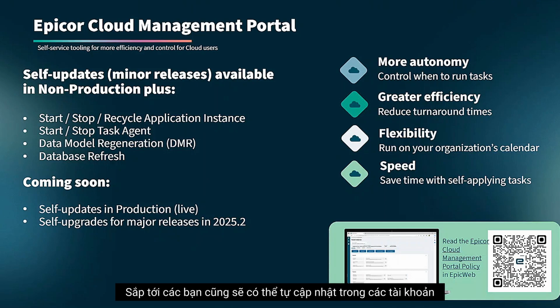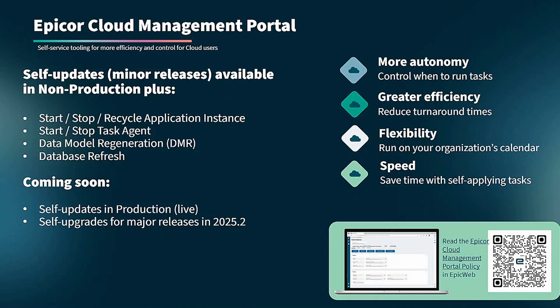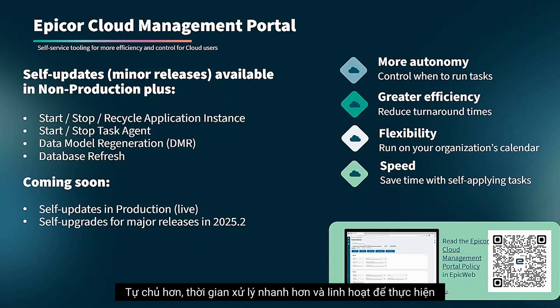Coming soon, you'll also be able to self-update inside of your production accounts as well, and even self-upgrade for major releases starting in 25.2. The value is clear: more autonomy, faster turnaround, and flexibility to run these tasks on your schedule and not on ours.